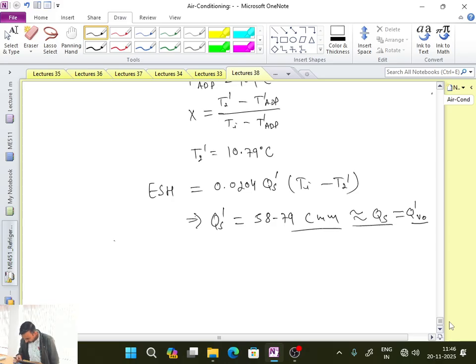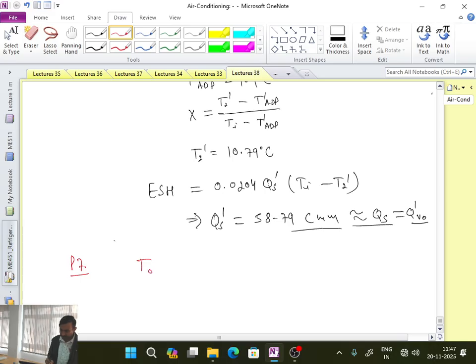Okay, now let's do the next problem. This problem probably I will not be able to do fully, so I can explain the steps and then you can do it on your own. The outdoor dry bulb temperature is 32 degrees Celsius and relative humidity is 50%. T naught is 32 degrees Celsius, RH is 50%.